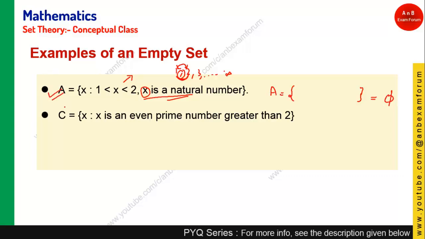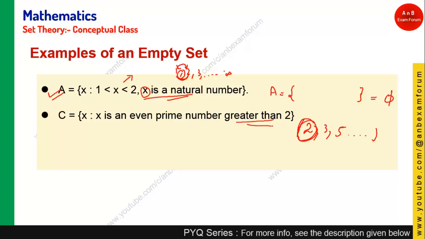Understood? Okay, let's see one more question. x is an even prime number greater than 2. As we know, the prime numbers begin with 2, 3, 5 and so on. There are many prime numbers. But the set says x is an even prime number, and we know that the only even prime number is 2, but it is saying greater than 2.